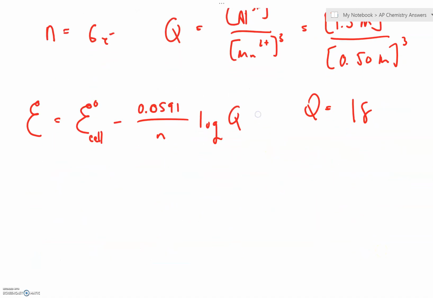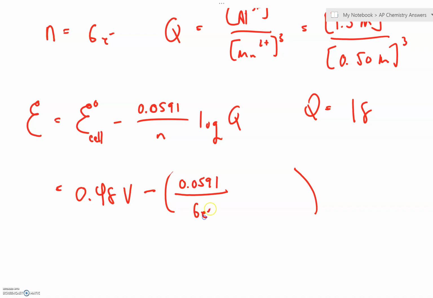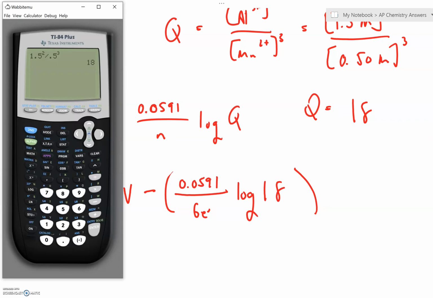So let's plug this in. If we know our original cell potential was 0.48 volts, we are subtracting this entire value, 0.0591, over 6 electrons, remember, 6 electrons being transferred, times the log of Q, which we just calculated to be 18. Okay, let's do it. We're going to do this whole big monster. So we'll take 0.48 volts, and we will subtract from this.